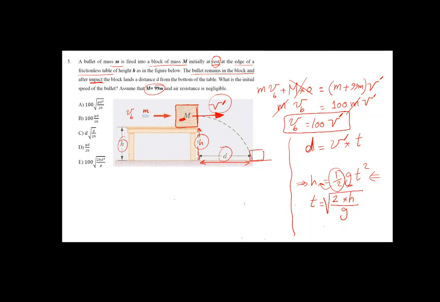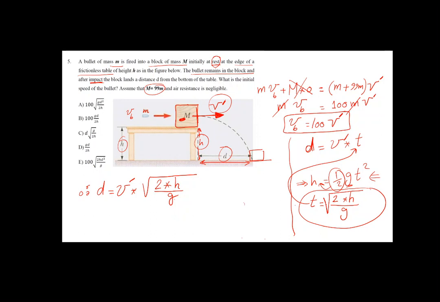So the time equals the root of 2 times h over g. Take this time and substitute it in this equation. d equals v prime times t, and t is the root of 2 times h divided by g.